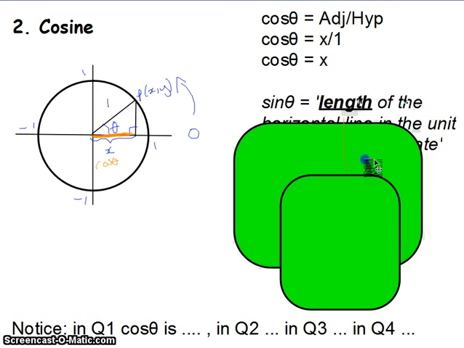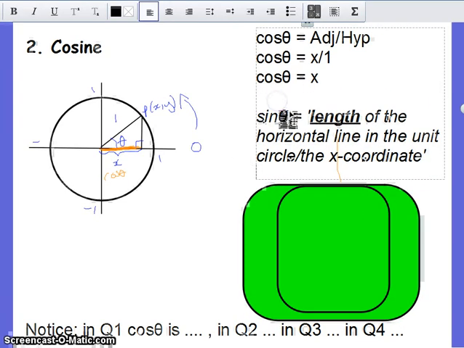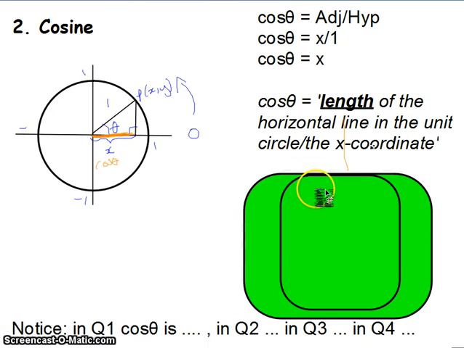So, cos theta is the length of the horizontal line in the unit circle, or the x coordinate. Now, as we move around, we have the same sort of thing happening. So, if our angle went into the second quadrant, it would be the base here.